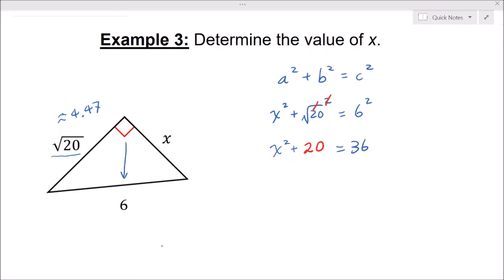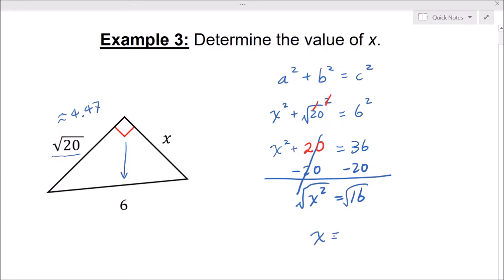So now we have x squared plus a clean 20 equals a clean 36. Just subtract this 20 from both sides. These go away. You get x squared left over on the left side equals 36 minus 20 is 16 on the right side. And then again, how do you get the x by itself? Square root both sides. And you get x is the square root of 16, which happens to be a clean number, just 4.